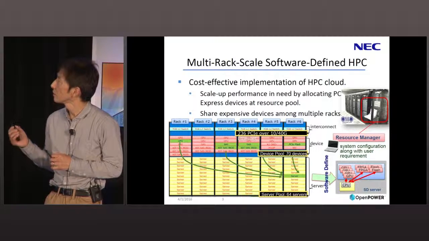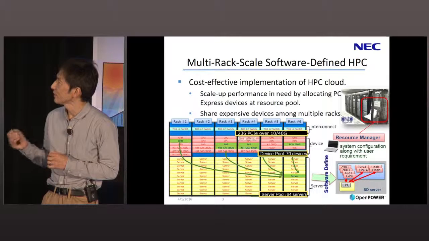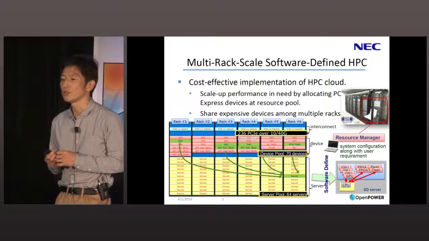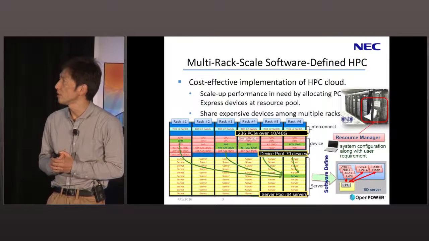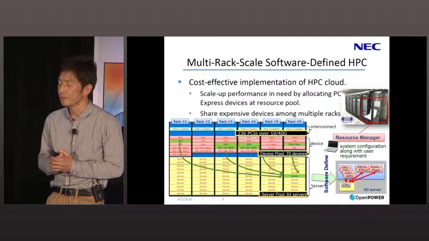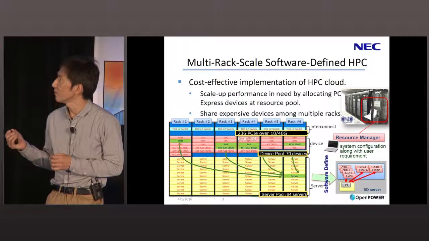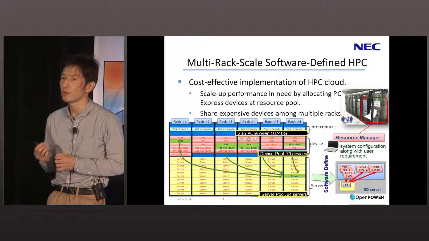And if the task is completed, those devices can be put back to the resource pool, so we can share expensive devices like GPUs. As a result, it is a very cost-effective implementation of GPU high-performance computing in the cloud data center.